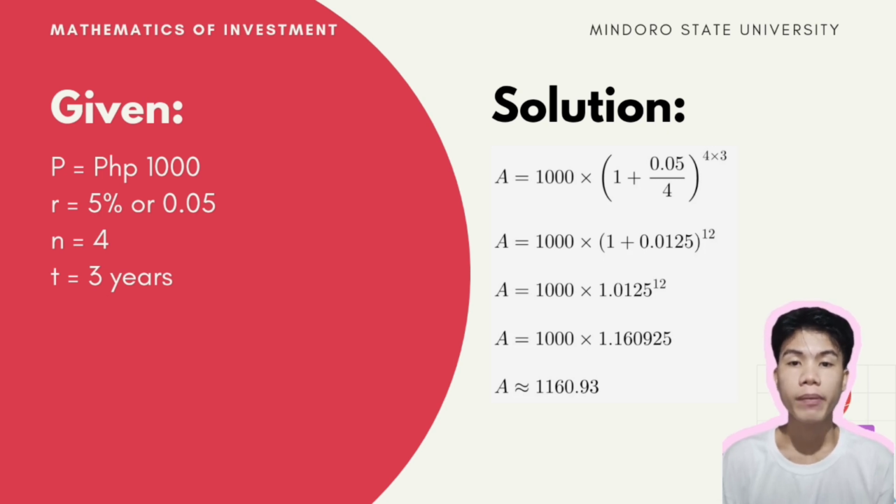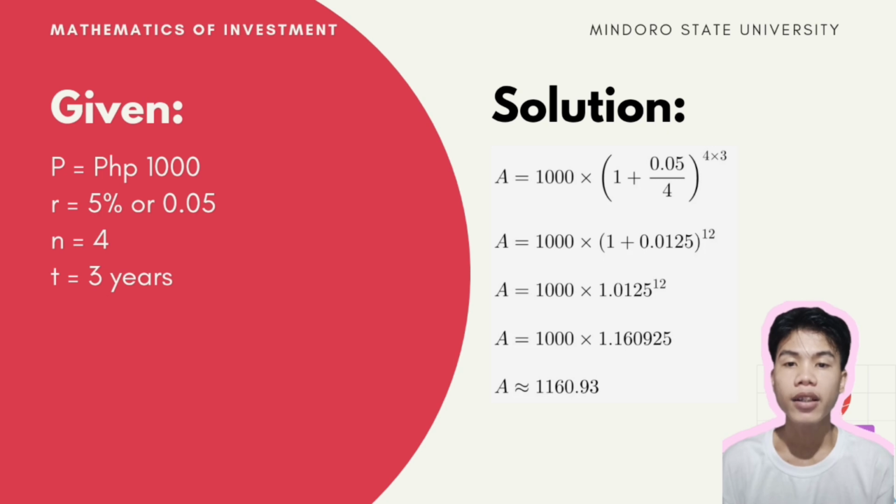Then the equation will be 1000 times the quantity of 1 plus 125 10,000s raised to 12. Then it will become 1000 times 1 and 125 10,000s raised to 12. Then the equation will be 1000 times 1 and 16 hundredths.